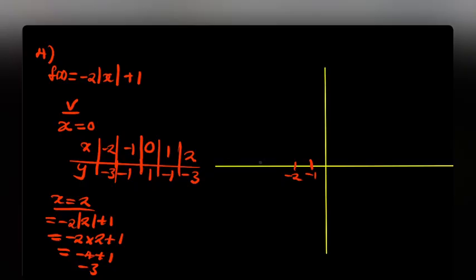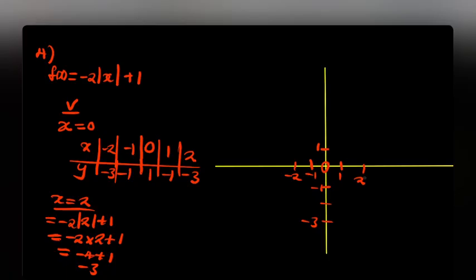Just indicate the values that you have on the table. Then again, this is at 0. So again, from 0 we have that is 1 and what? 2. So for the y values, we have negative y values and +1. So this is +1, and also we have, this is -1, this is -2, then -3 will be here.